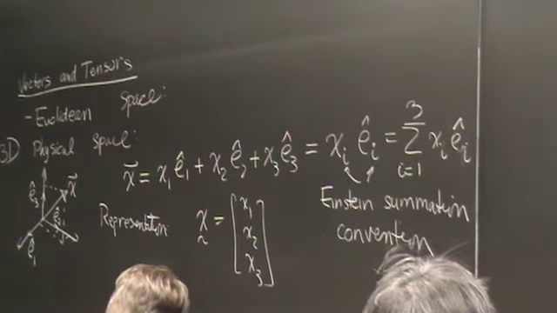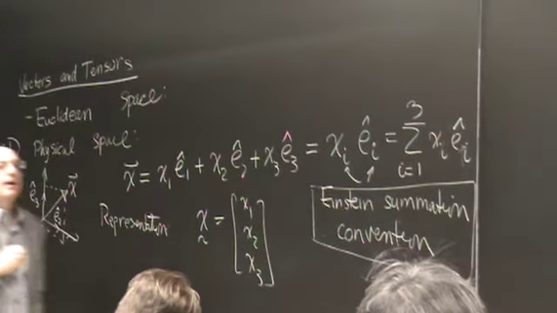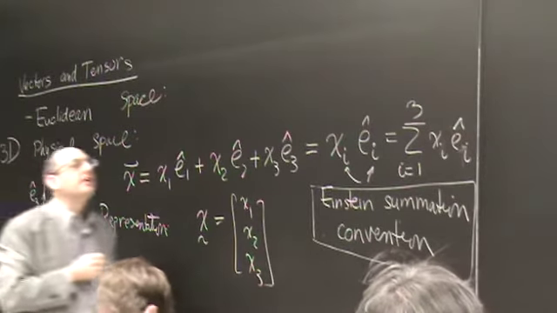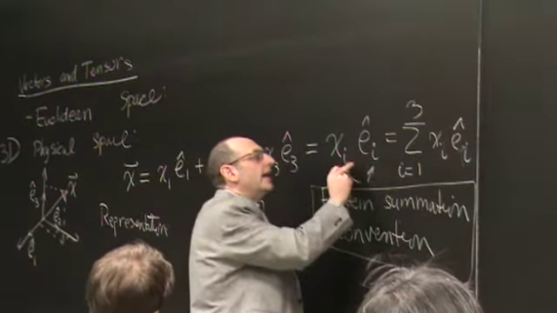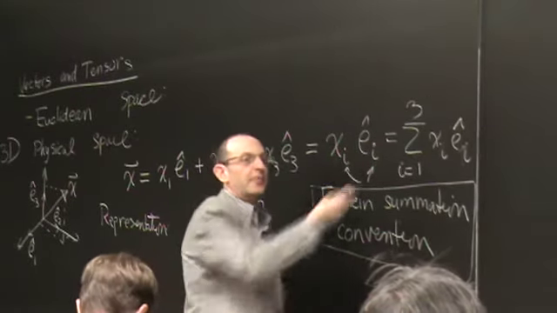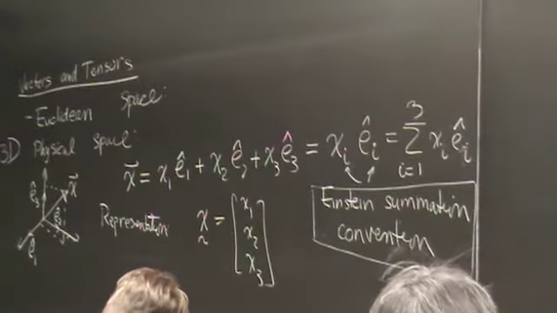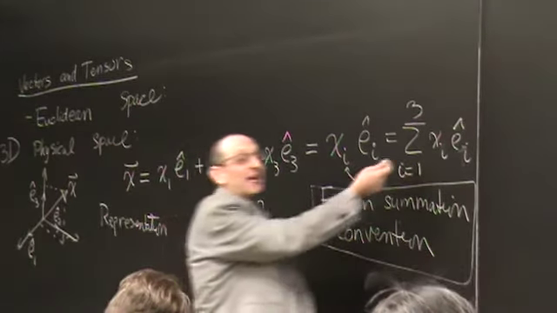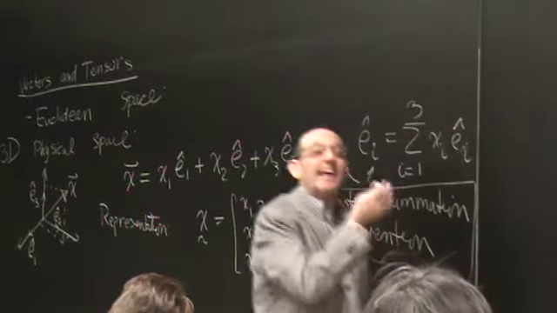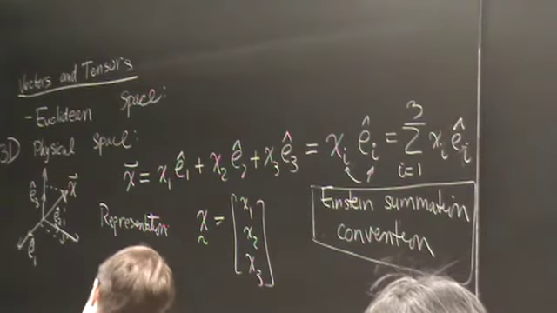So the Einstein summation convention, as you have learned, I hope, is useful in dealing with vectors and tensors, which is to say, if we have an index which is repeated, then it is implicit that it is summed over. It's a shorthand that we use in order to not have to write out sums. It's quite convenient. We'll see some examples of how that works today, if you haven't played around with it before.